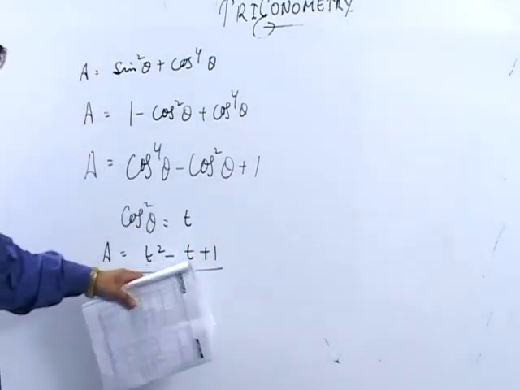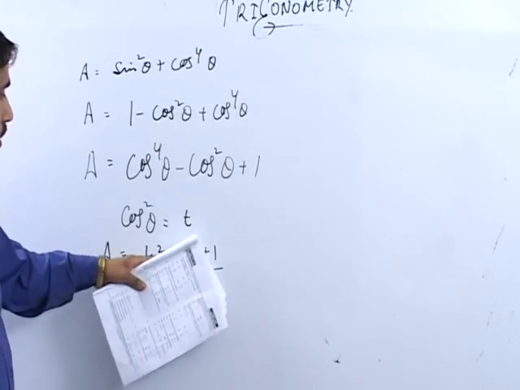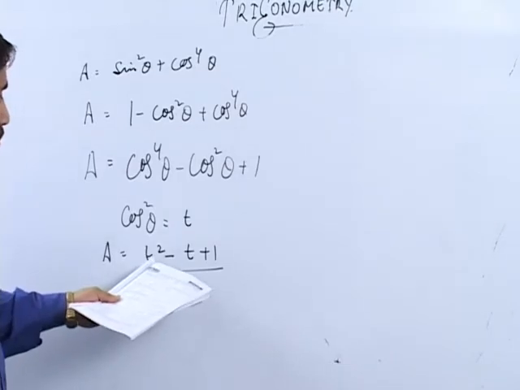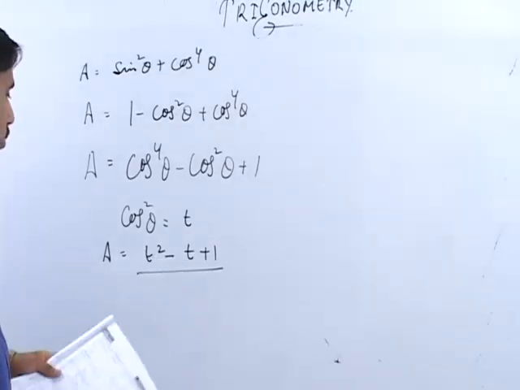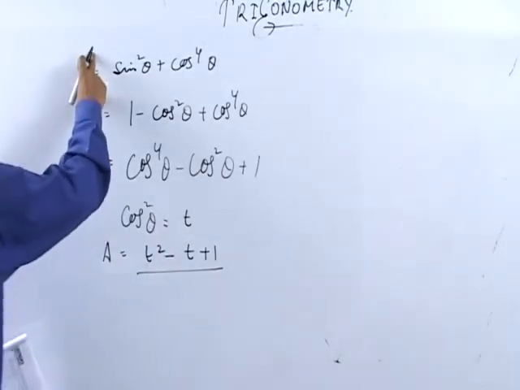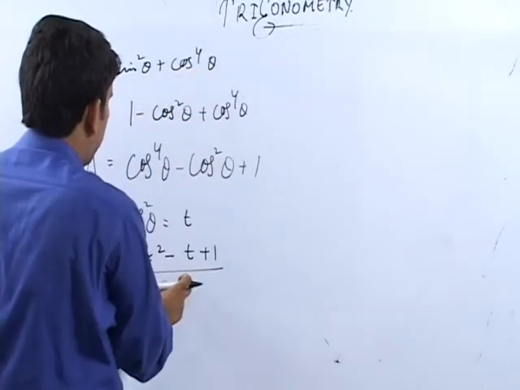You can put this as t square minus t plus 1. Now we know that its maximum or minimum is given by minus b over 2a. Either you can find the limit for sin square theta plus cos 4 theta in this way.